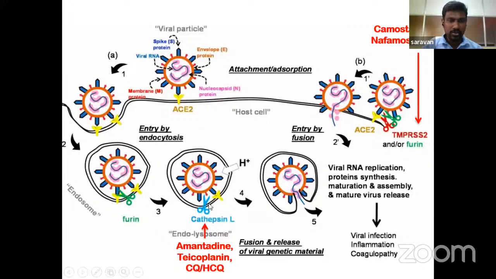Now cathepsin L will further cleave the S2 subunit for the activation of the S2 subunit and binding of the S2 subunit to the endosomal membrane. Once the spike protein S2 and the endosomal membrane fusion takes place, there will be release of the viral genome into the host cell. Later on, there will be multiplication by the replicase transcriptase complex and the mature virus will be released outside.